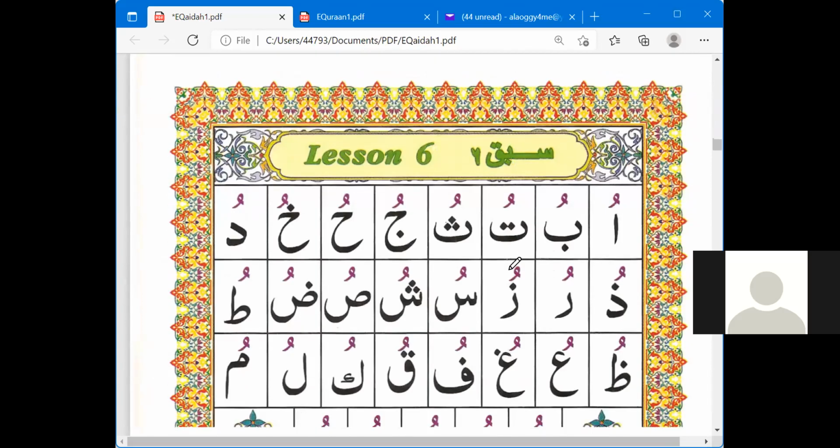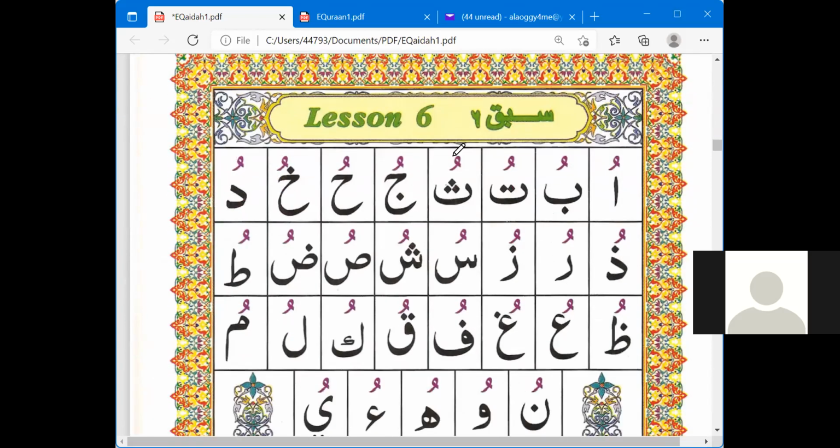Then the next one is about damma. I told you the sign of damma is just like a small waw, and the sound is u. Our mouth makes a circle, u.